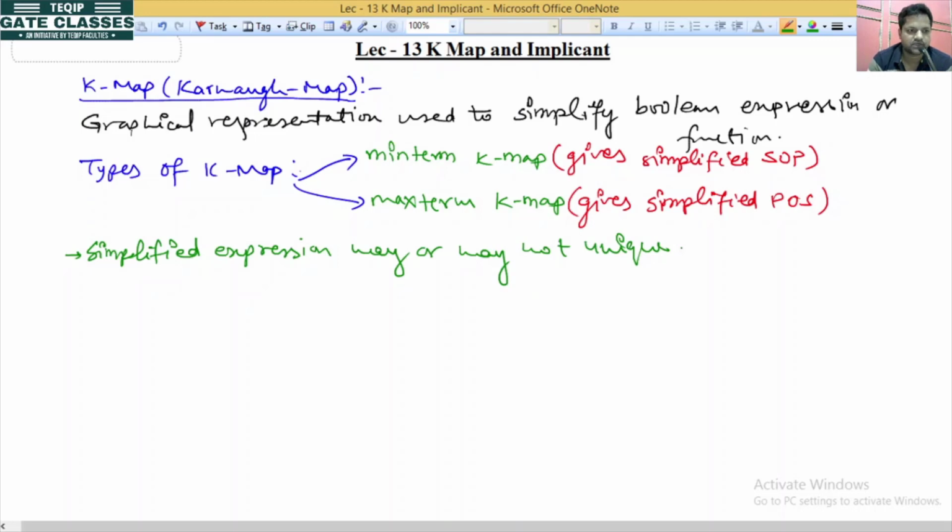First of all, I am going to form the smallest K-map, that is the two variable K-map. This is our smallest K-map. We know that if we have two variables, then how many input combinations are there?